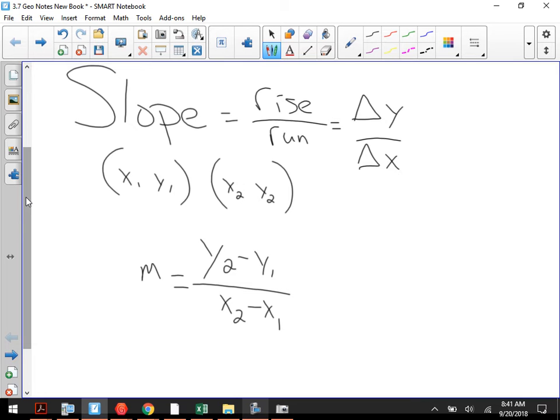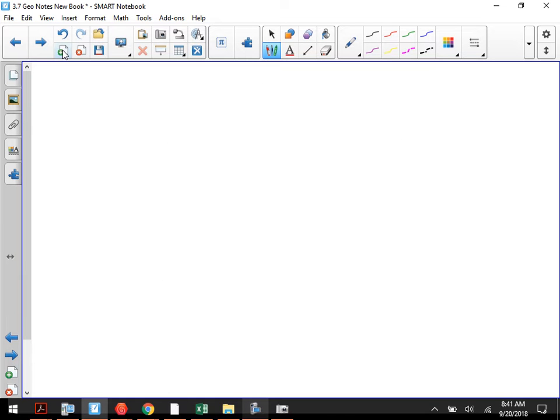So if I'm talking about slopes, do you guys remember that there are 4 types of slope? Remember which ones they are? There are 4 types of slopes.